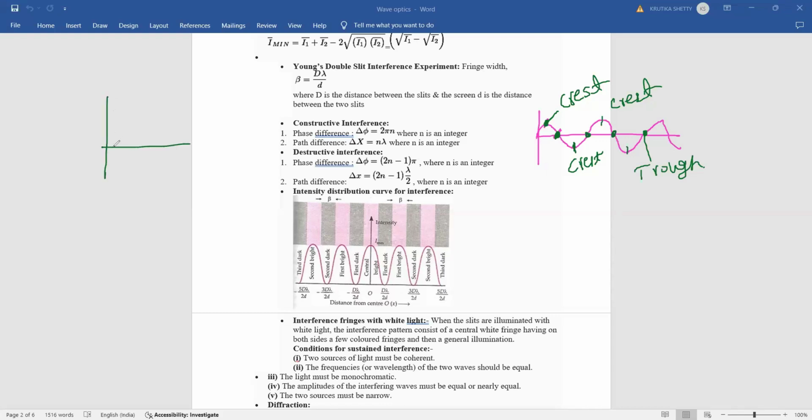See, for the interference of light, the wave we are looking at, I will explain from the beginning.